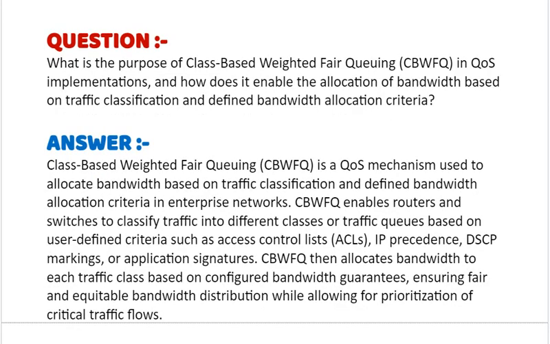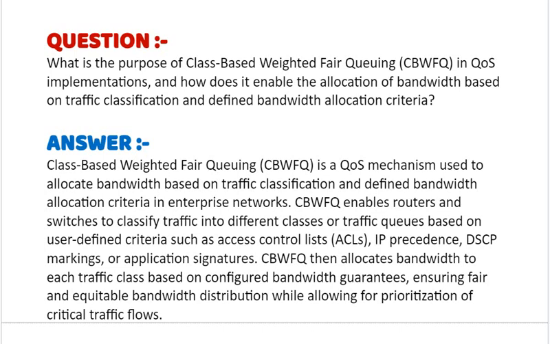Our next interview question is: what is the purpose of class-based weighted fair queuing CBWFQ in QoS implementations, and how does it enable the allocation of bandwidth based on traffic classification and defined bandwidth allocation criteria?